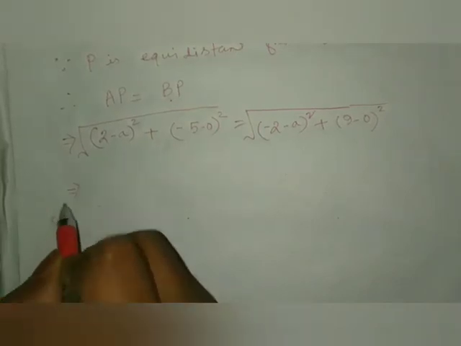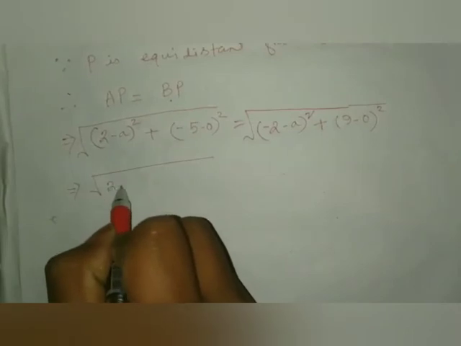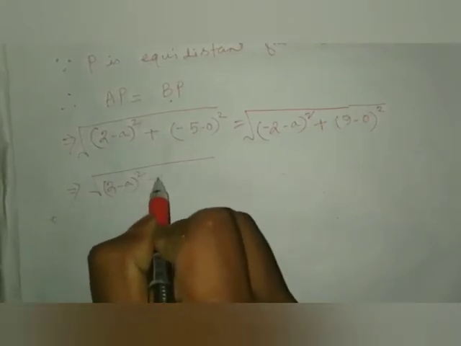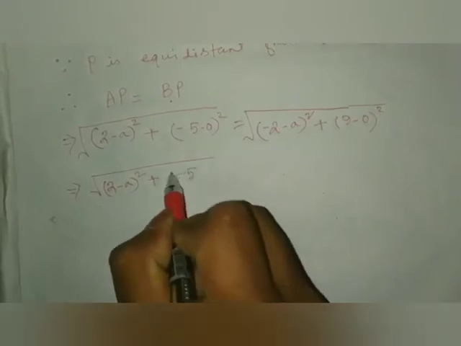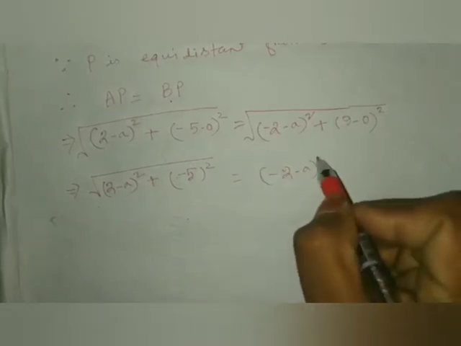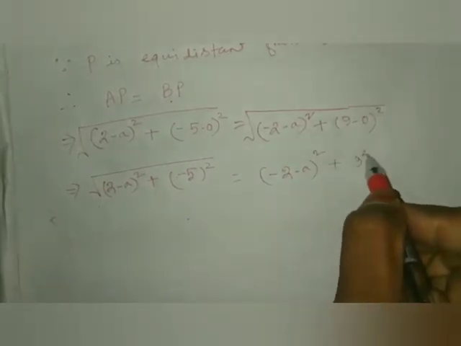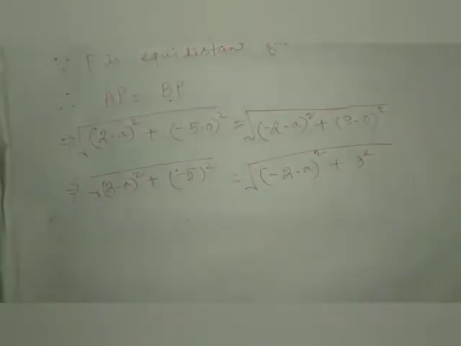Let's solve. Root over (2 - a) whole square plus (-5) square equals root over (-2 - a) whole square plus 9 square. Root is on both sides, so that can be cancelled.